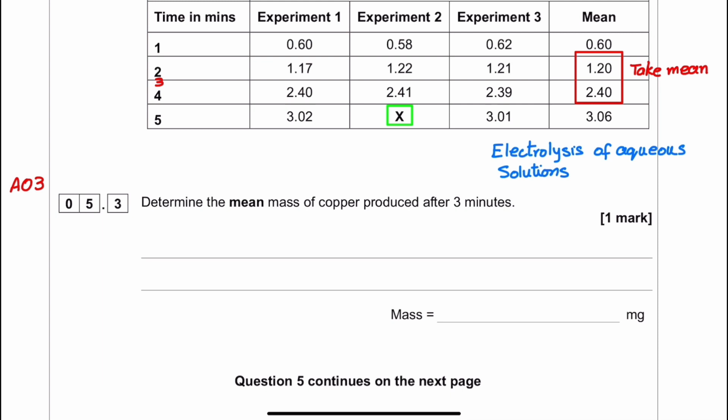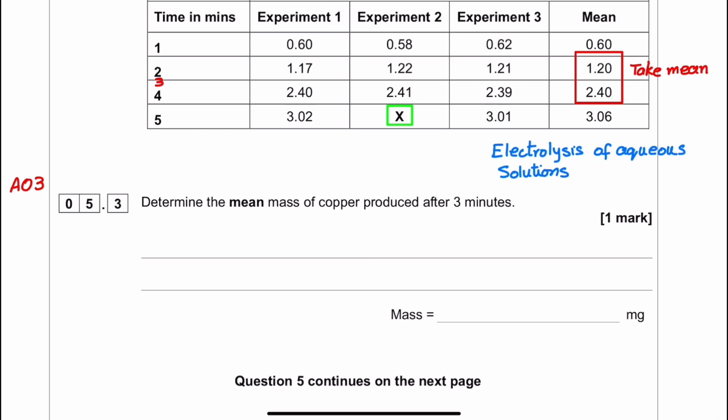After 3 minutes, it means that 3 is not given here, and 3 is after 2 and before 4. So we need to take the mean value of the mass produced at 2 minutes and the mass produced at 4 minutes.